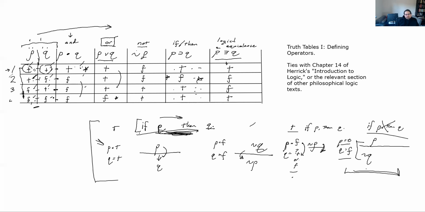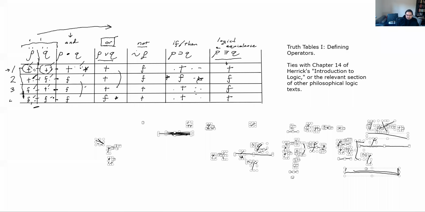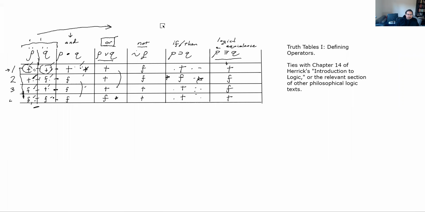By the way, just to fill in this concept a little bit more, let me erase some of this. Another way to express the logical equivalence is that we might consider this a complex symbol, because there are ways to break it down into the other symbols.